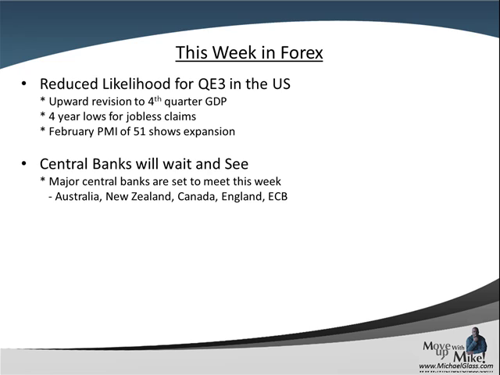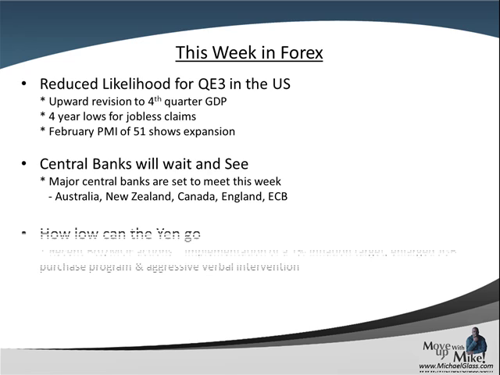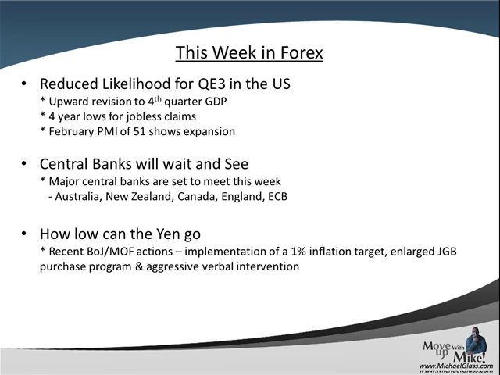So as most central banks are getting ready to report this week, Australia, New Zealand, Canada, England, and the European Central Bank, they're going to wait and see, and it's not likely that you're going to see expansion of their portfolios. The yen continues to be weak, and this is why you're seeing some of the other central banks waiting and seeing, because look what the Bank of Japan has done.